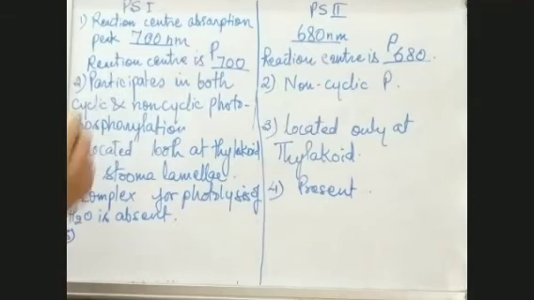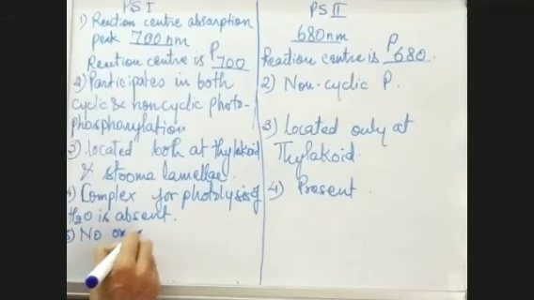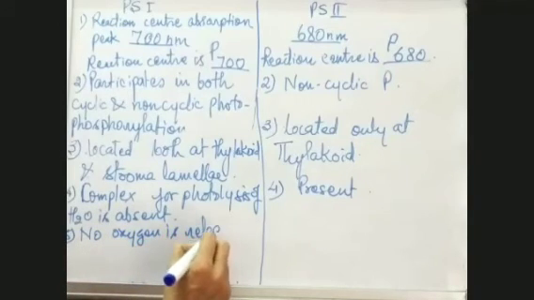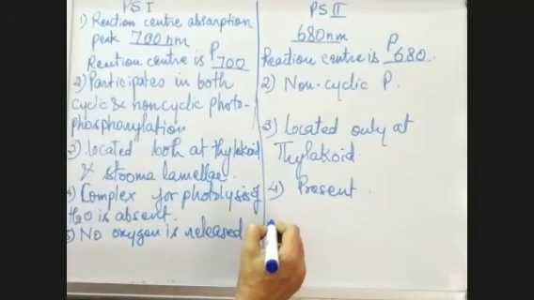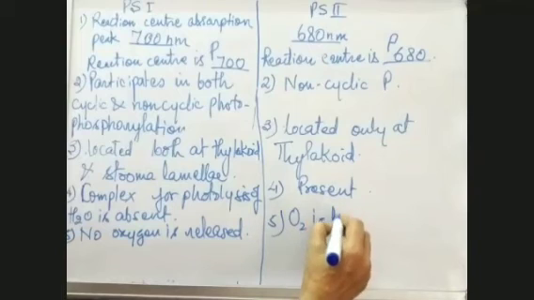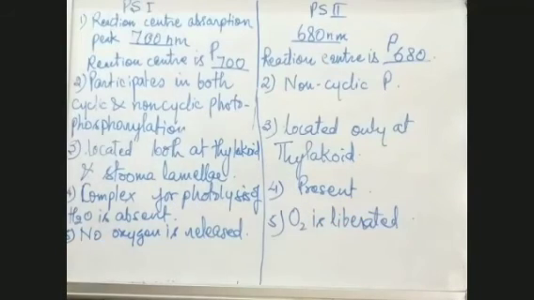Because photolysis of water is not taking place in PS1, the complex for photolysis of water is absent, and no oxygen is released. Here, oxygen is liberated because photolysis is taking place, whereas there no oxygen is liberated.